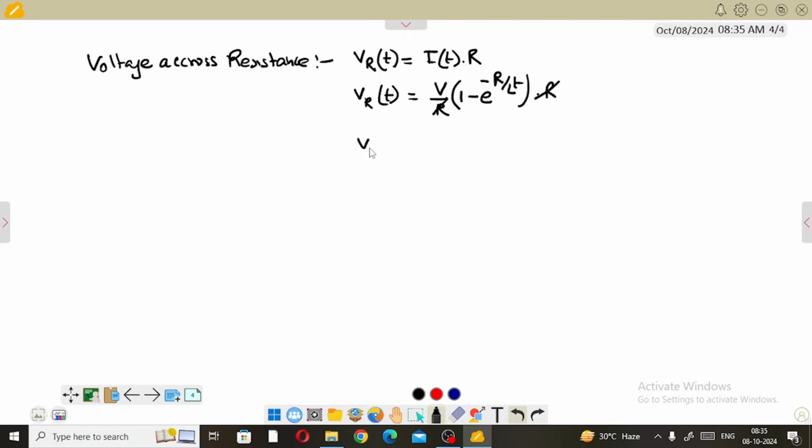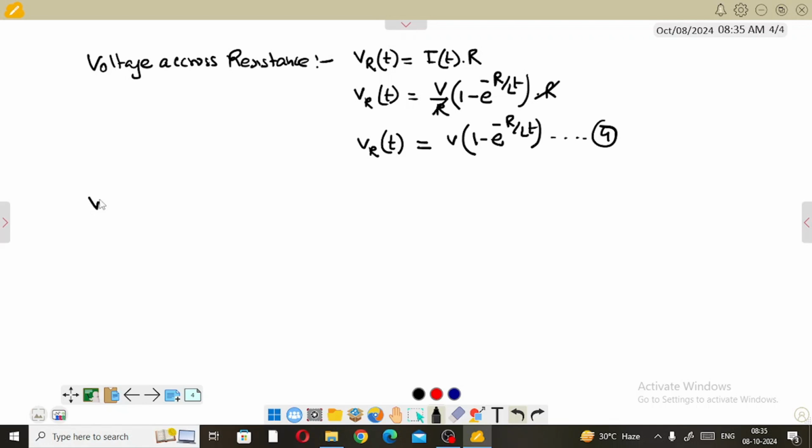So I got my VR of t is nothing else than V times 1 minus e to the power minus R by L t. So I got the value of my voltage across the resistance.